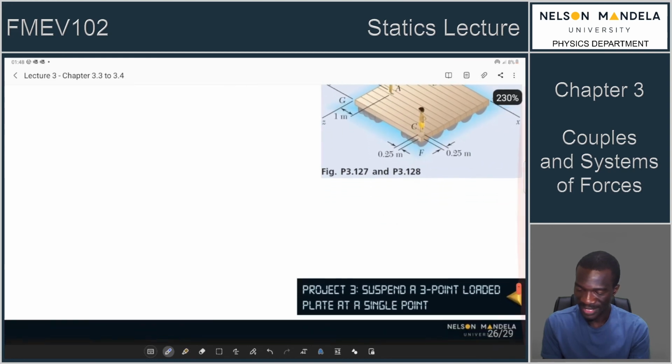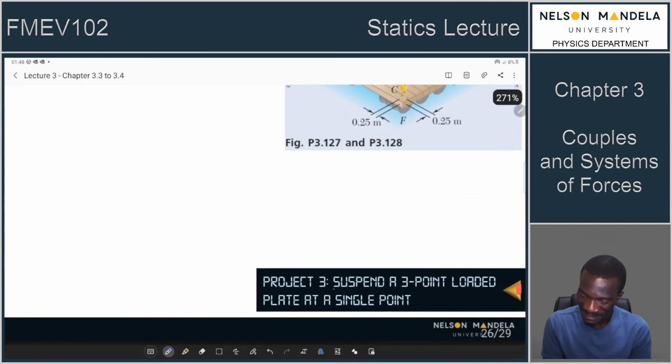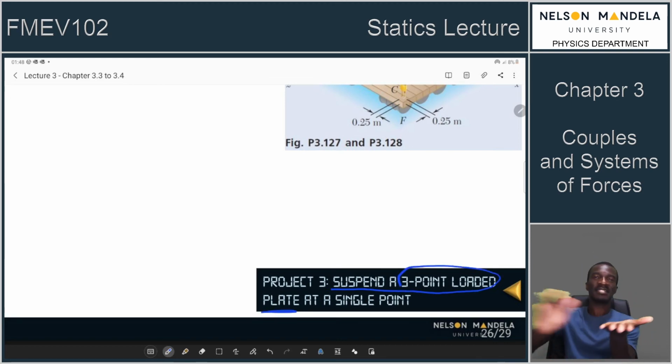So as a project, suspend a 3-point loaded plate. Just find some plate, some plane. Then if you can locate some beads or some weights onto that plate and use this method to find the location of the resultant, this means that you can put a pivot at that location and the system should balance.